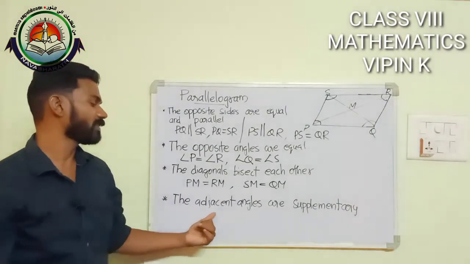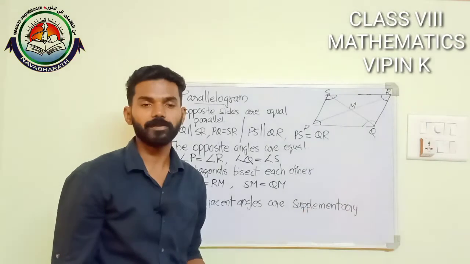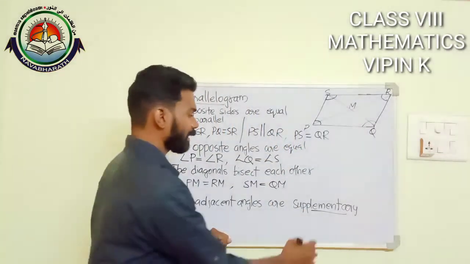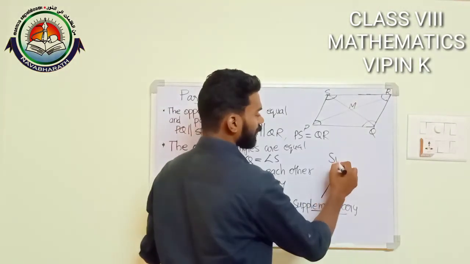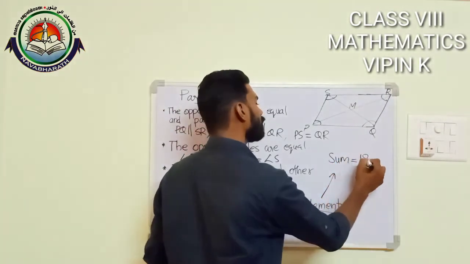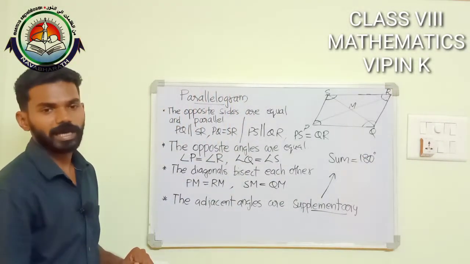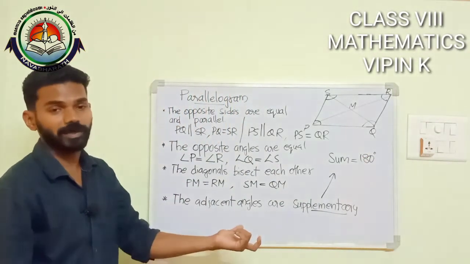And what about the next property? It is that the adjacent angles are supplementary. What is meant by the term supplementary? Supplementary means their sum would be equal to 180 degrees. Clear?